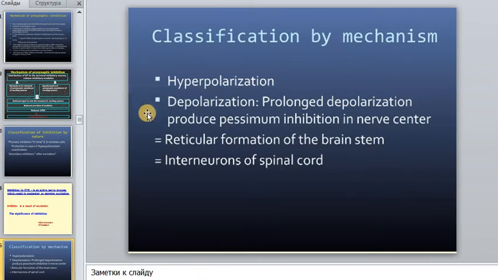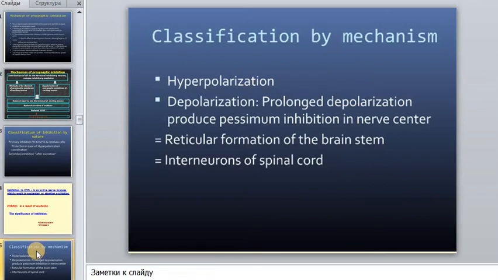It depends on the kind of inhibition in the central nervous system, and some structures use inhibition to give information or to stop information which moves in the brain. Very soon we will discuss the reticular formation and interneurons of the spinal cord.